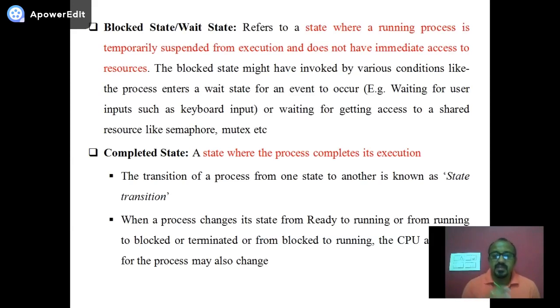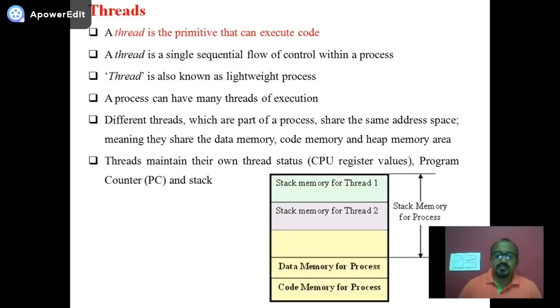That means the resource is taken back and allocated to the higher priority task, so it is suspended from execution and does not have immediate access to the resources. A completed state is where the process completes its execution.